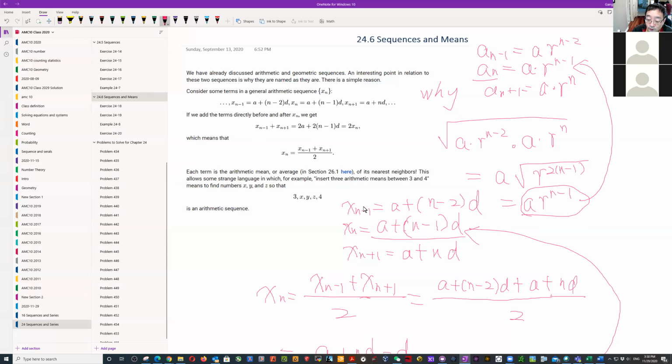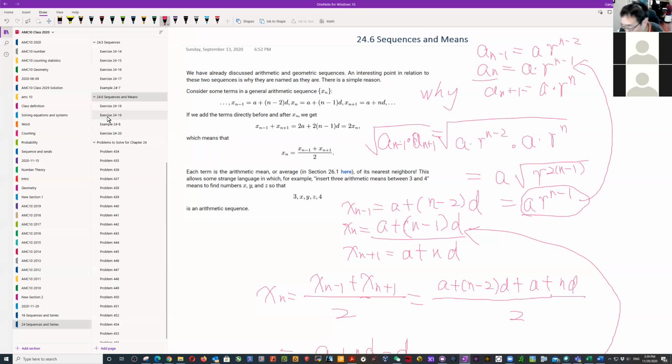So basically the square root of a(n minus 1) multiplied by a(n plus 1) is equal to a times r to the n minus 1. So this is just the origin of its name and its meaning.